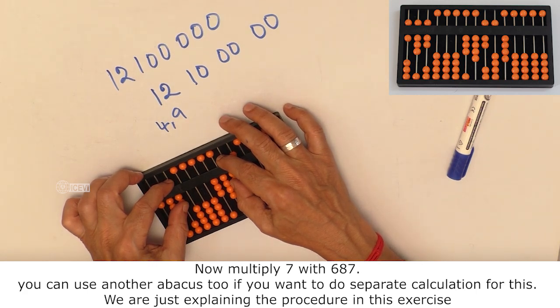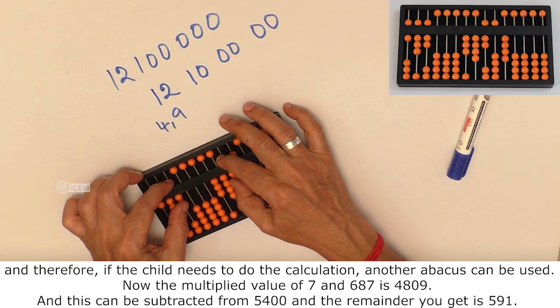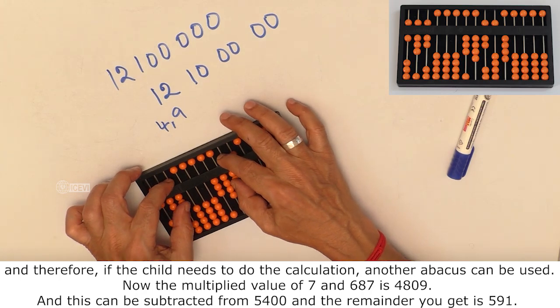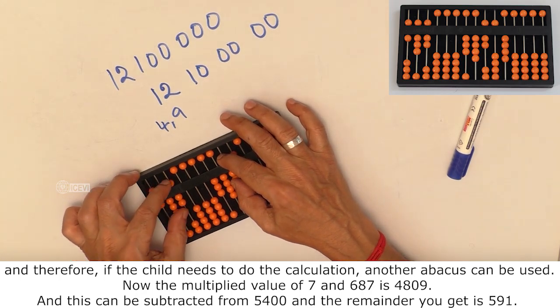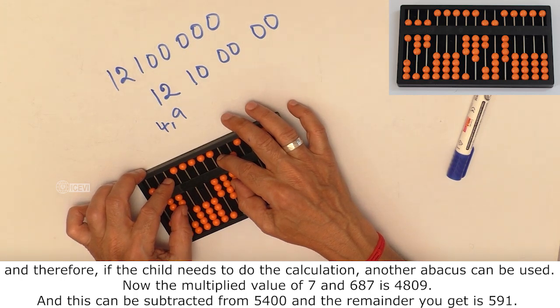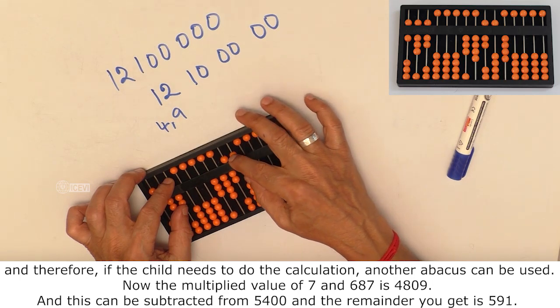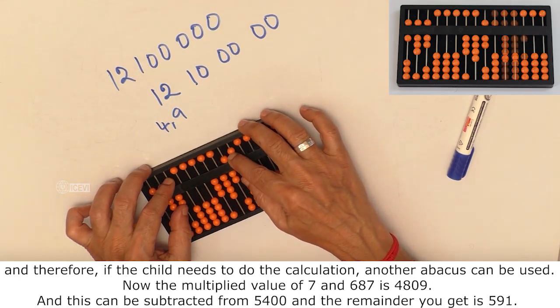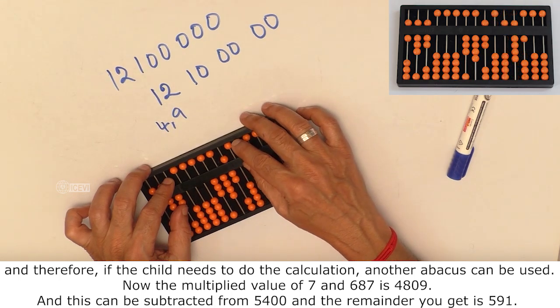We are just explaining the procedure in this exercise, and therefore if the child needs to do the calculation, another abacus can be used. Now the multiplied value of 7 and 687 is 4809, and this can be subtracted from 5400, and the remainder you get is 591.